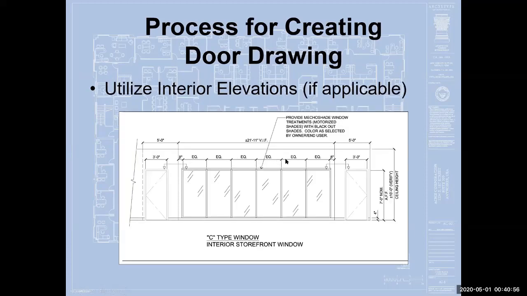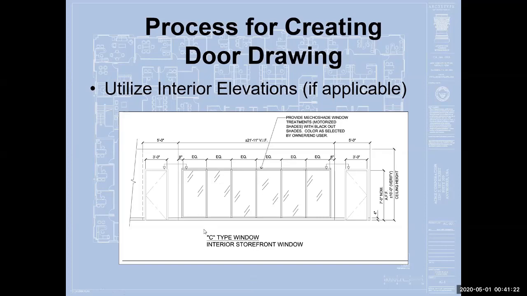As we talked about, if it's possible, we're going to try to utilize interior elevations. So rather than redraw something, we may be able to copy and paste it off some other part of the drawings to make it work. Our goal here is to actually draw door types. In this particular case, we're showing an interior elevation of 2 doors in a storefront system.